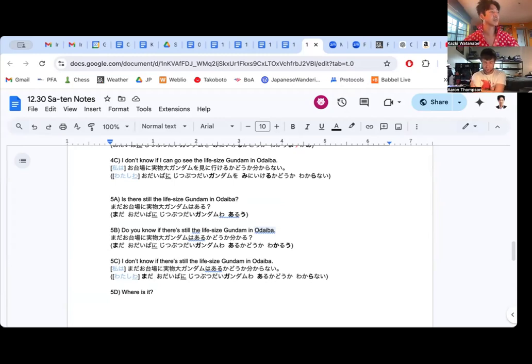When you say Odaiba, ba is not when you say it. You're saying schwa. Odaiba, お台場に, much better. And when you say 実物大, go ahead.